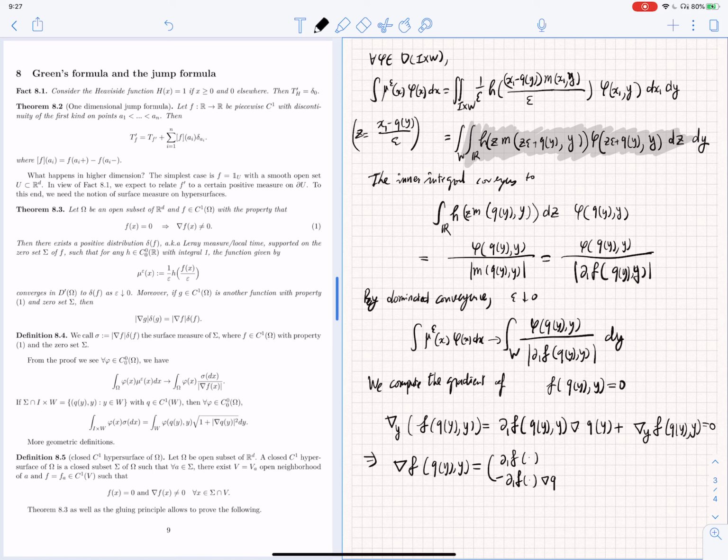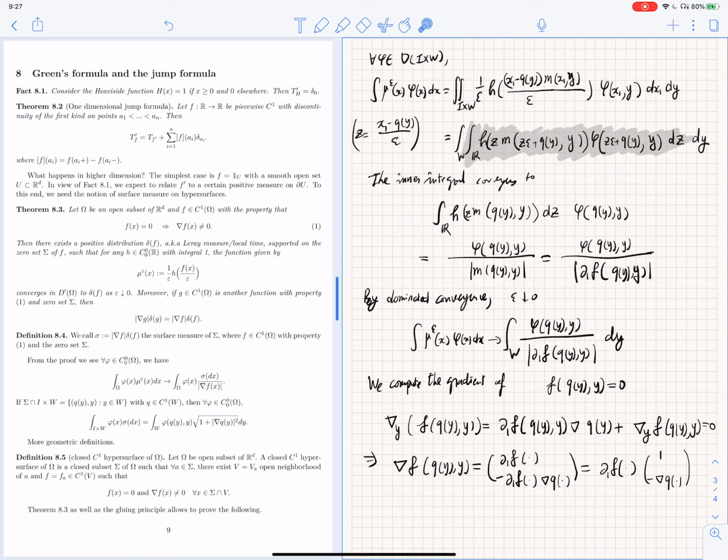Obviously we can pull out this real-valued quantity, times 1 on the first component of this column vector, and negative gradient of q on the second. Okay, all this denotes the point (q of y, y), which is on the surface, on the hypersurface.